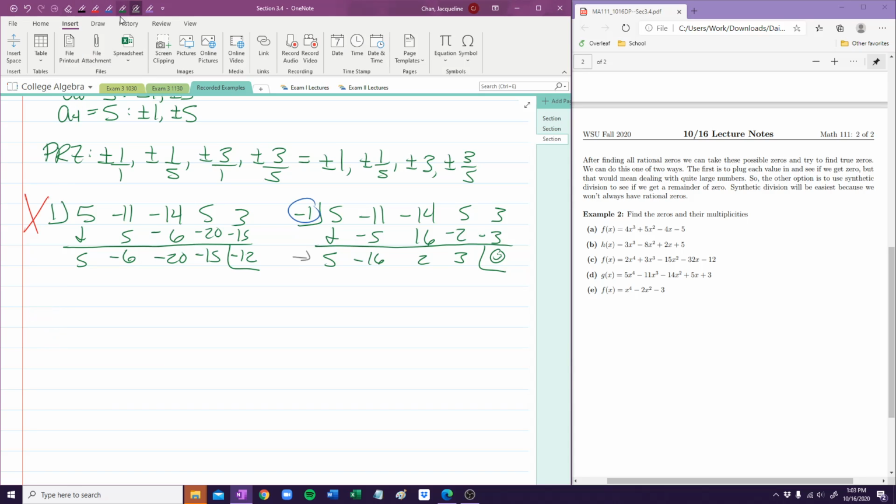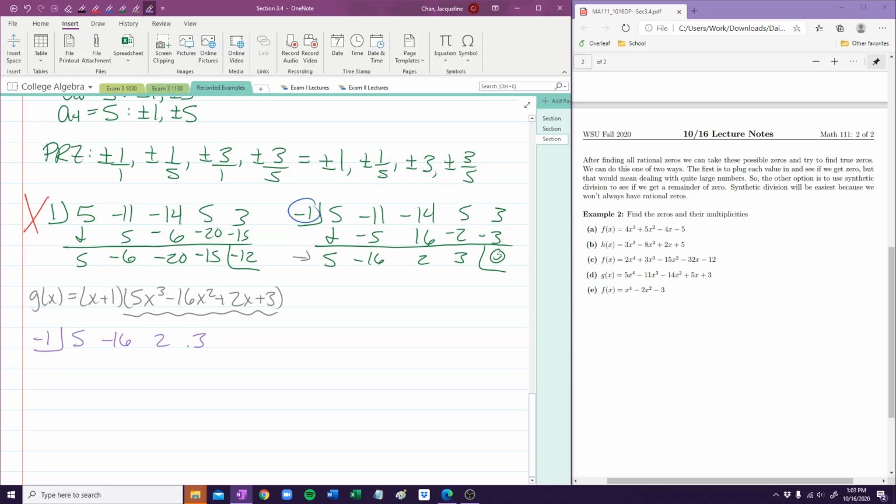Before I start, we have g of x, and we know this is equal to x plus 1 times 5x cubed minus 16x squared plus 2x plus 3. Now we're just going to focus on this part. So I can just do negative 1, and then this is going to be 5, negative 16, 2, and 3.